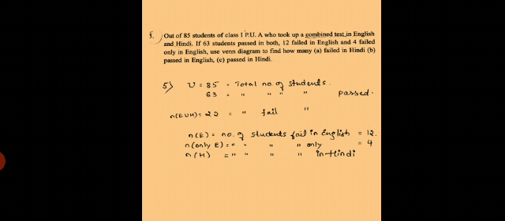Next, N of E, the number of students who failed in English, is equal to 12, given in the question, and N of only E is the number of students who failed only in English, which is equal to 4. Now N of H, these are all notations, is the number of students who failed in Hindi.